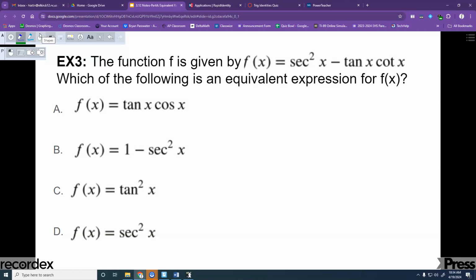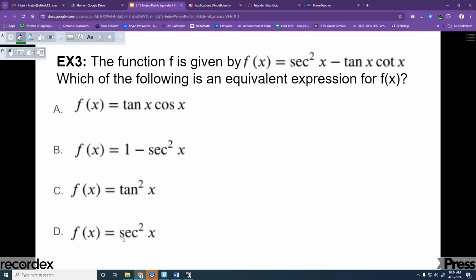We're trying to simplify this. You're not going to be able to just look at it and say, oh yeah, it's that. We're going to have to kind of mess around with it a little bit, which is tricky because if I knew which one I was trying to get to, that would maybe help me decide, but I don't know which one of these could be right.